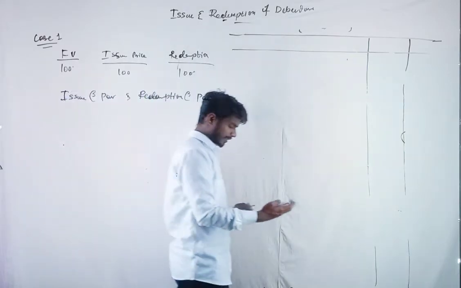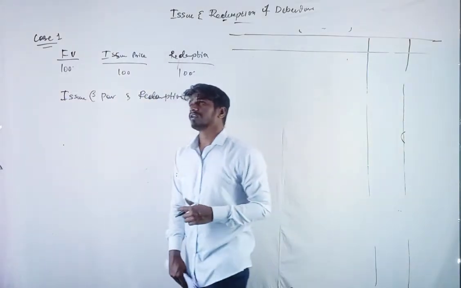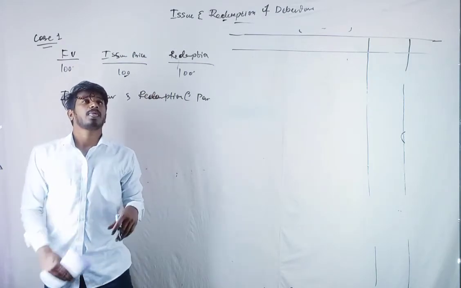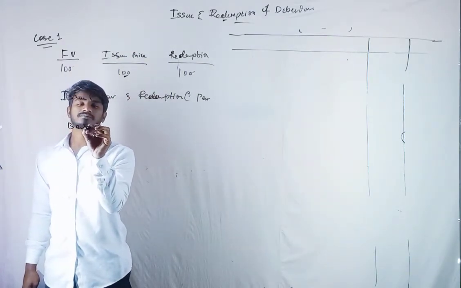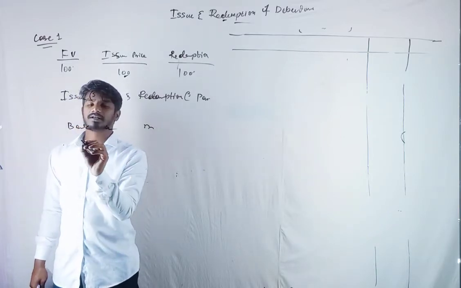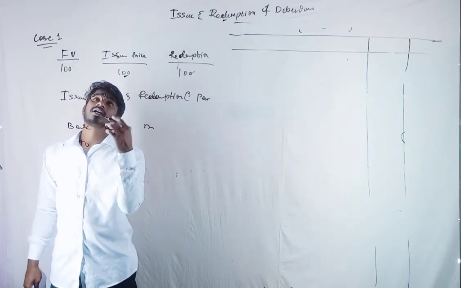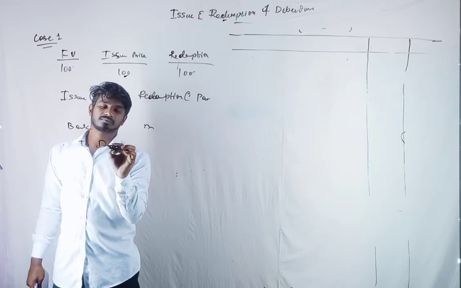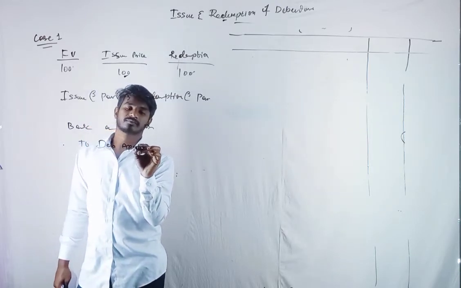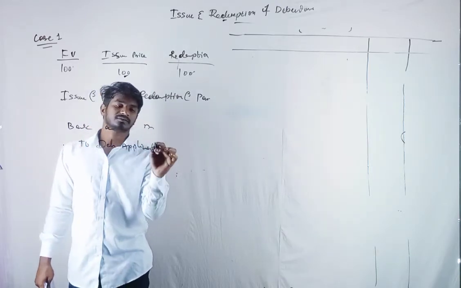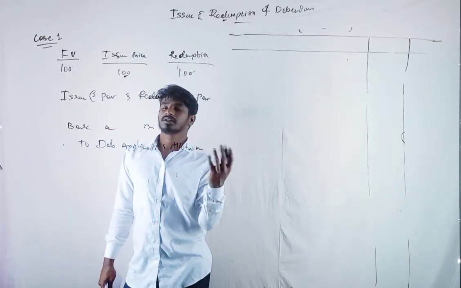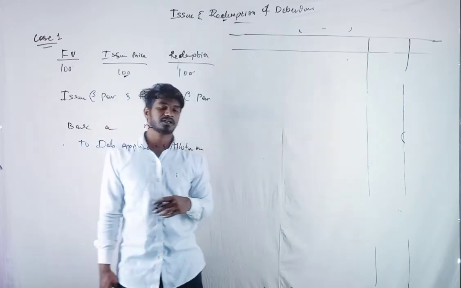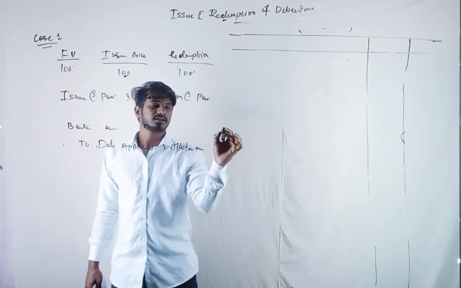So, how will we treat it? It is a normal case. We are issuing at rupees 100, right? Bank account debit to whatever debenture application and allotment account. Let us say we have received the entire loan in the application itself.